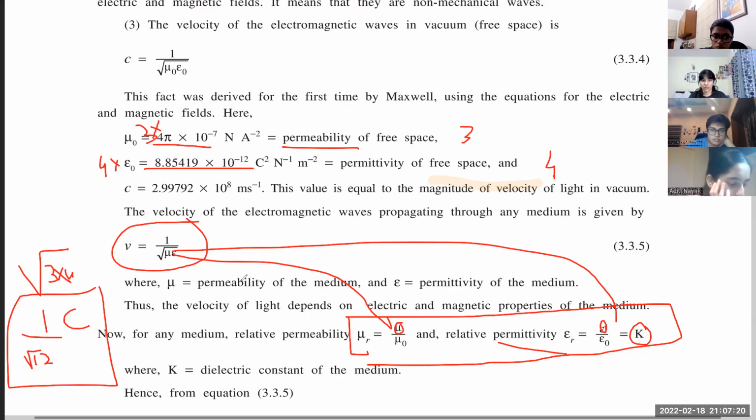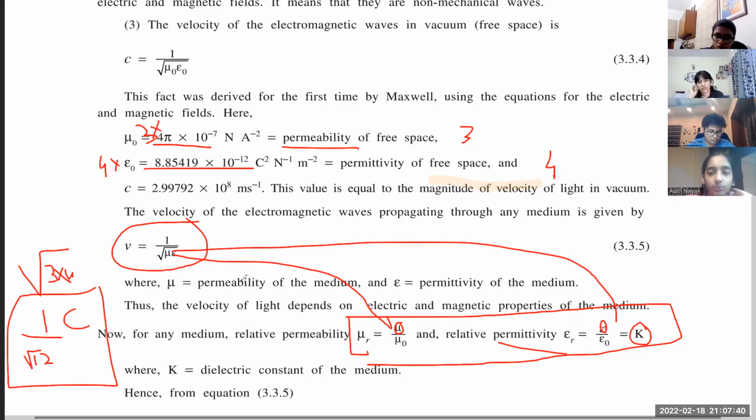Fine. Yes, sir. I have a question for Aditi. Aditi, I have a medium in which the relative permeability and relative permittivity both are 2.